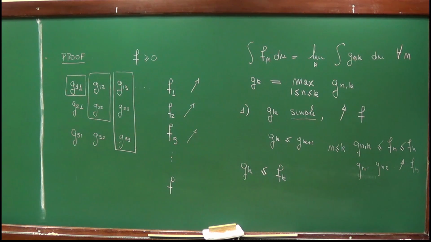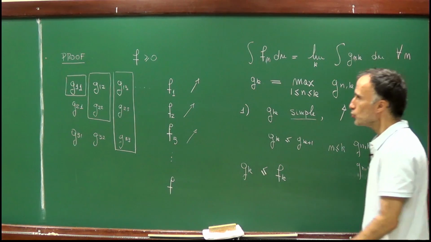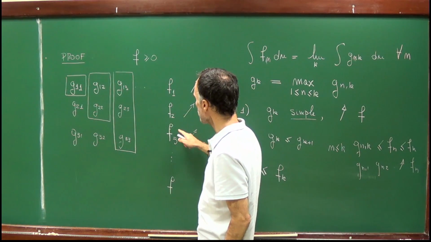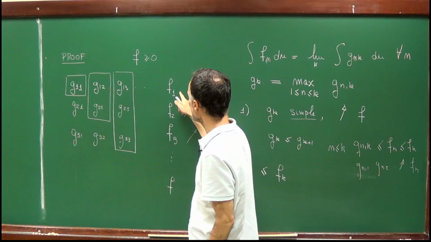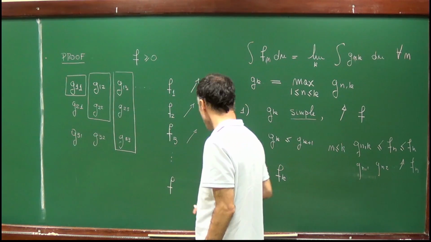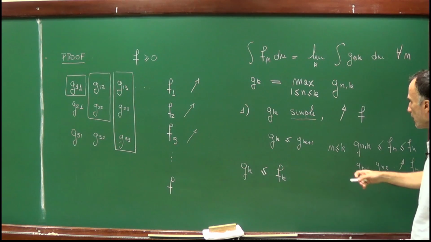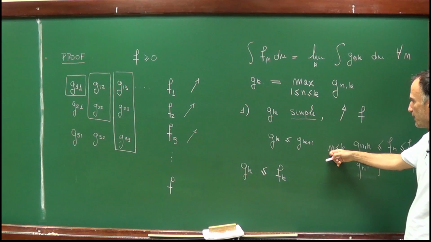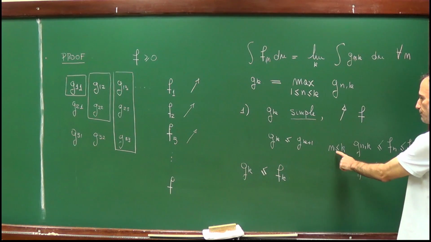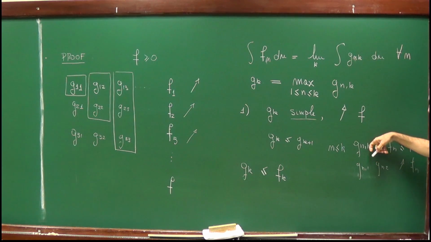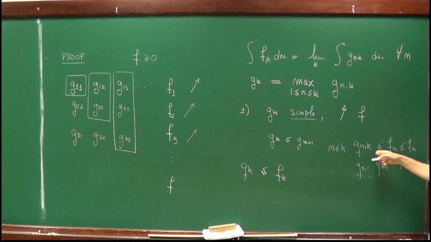So maybe let me repeat that. Along the lines, these sequences are increasing to the function f. So the first line is increasing to f_1, the second line is increasing to f_2, and so on. So if I fix a line n, and consider k larger than n, on this line the sequence g_n is increasing to f_n, therefore for any j, g_{n,j} is smaller than f_n.